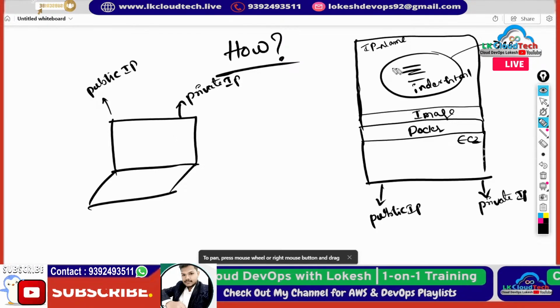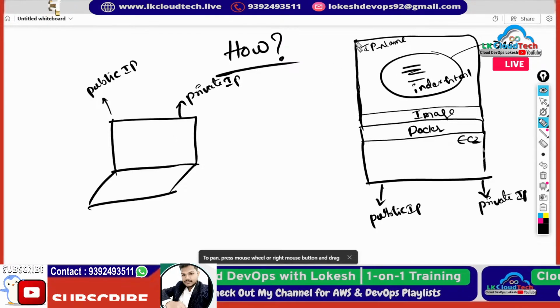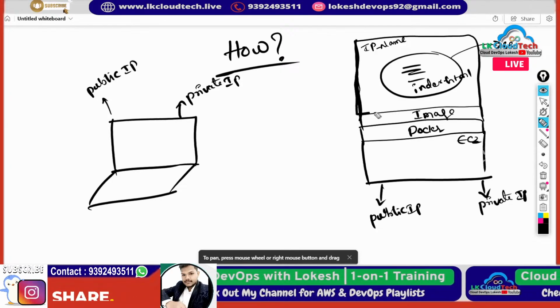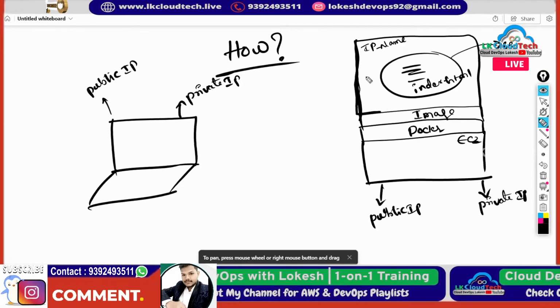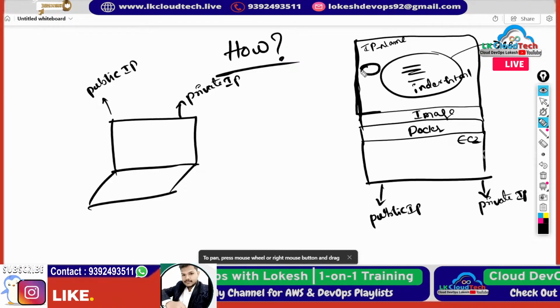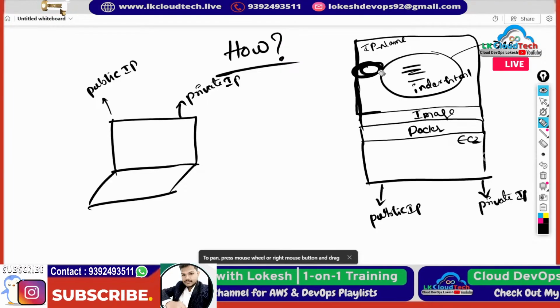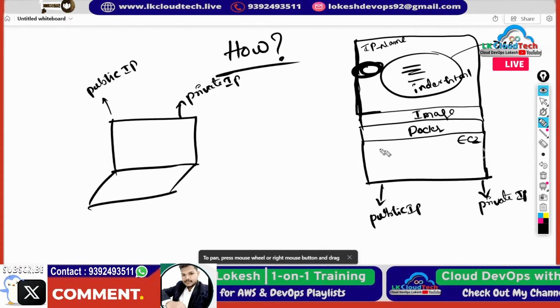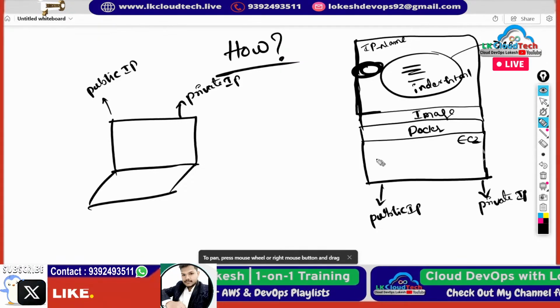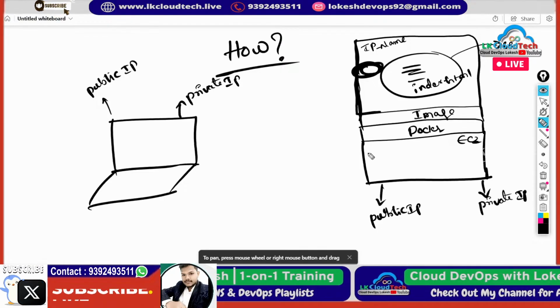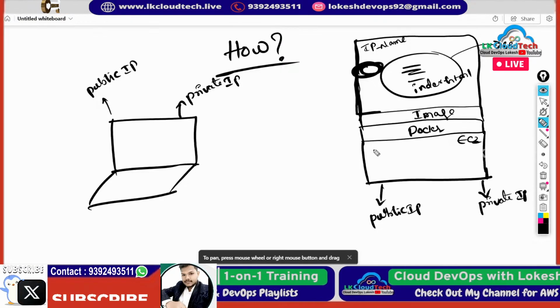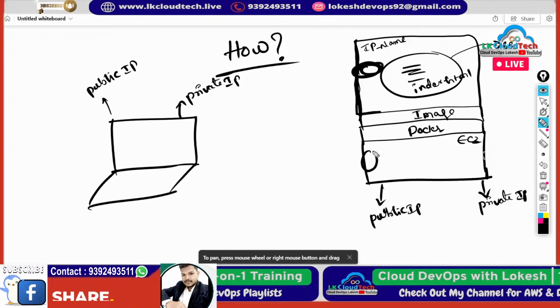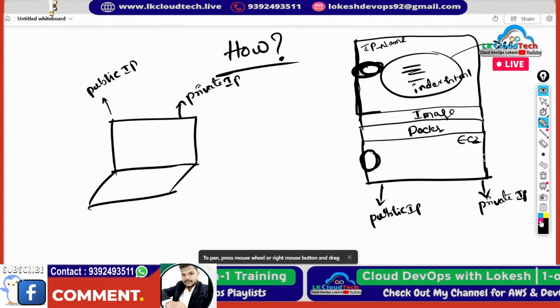In such a case, the container is capable of communicating through a port number. Also, in the EC2 instance security inbound rules, there are options to add port numbers. So EC2 has ports.